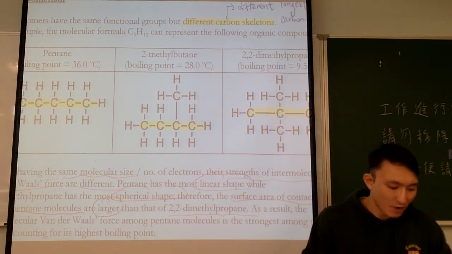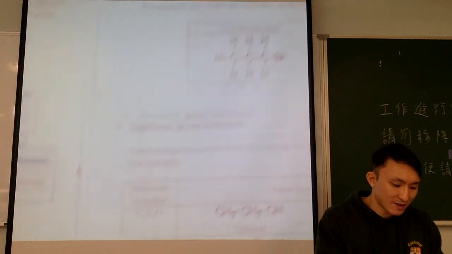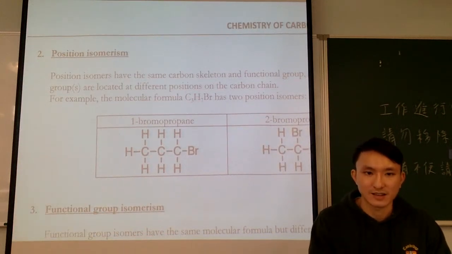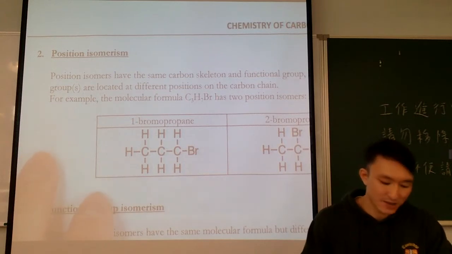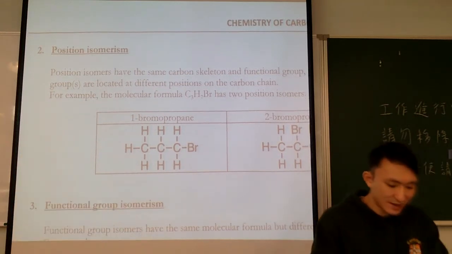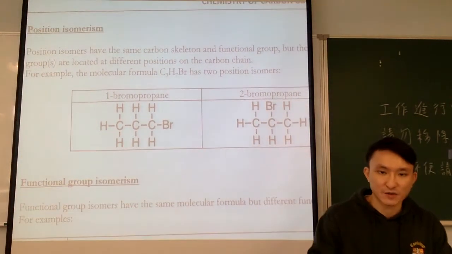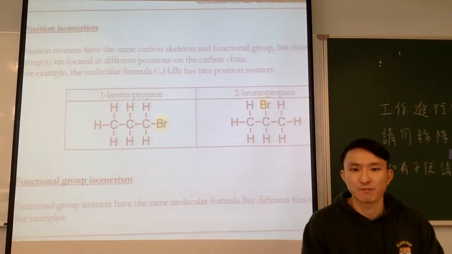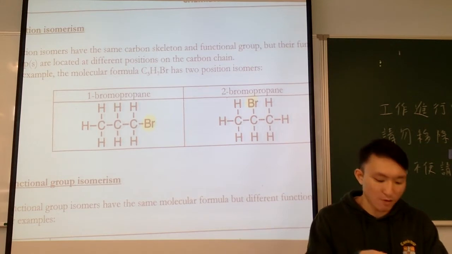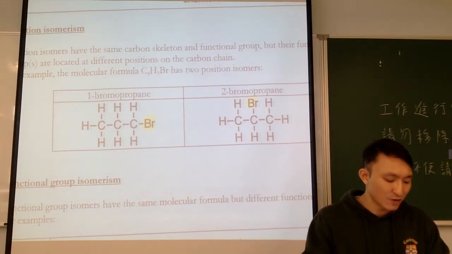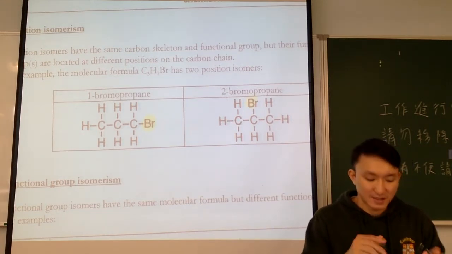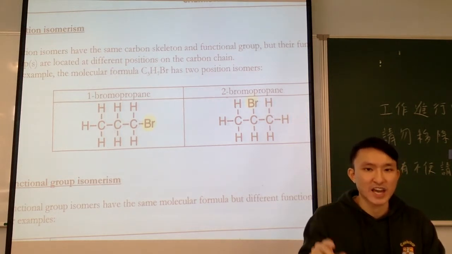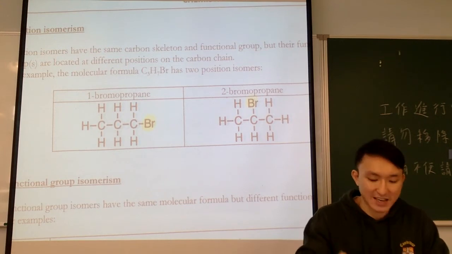Okay? Now, the other type of structural isomer is position isomerism. In this case, if you look at these two examples, the difference would be the position of the bromo group. So now you notice this time, they both have the same longest carbon chain or the same carbon skeleton.